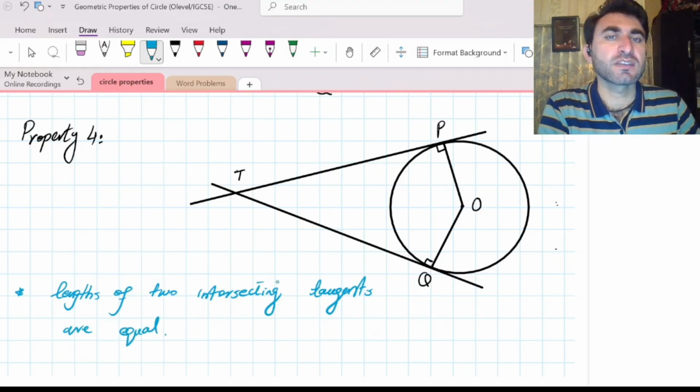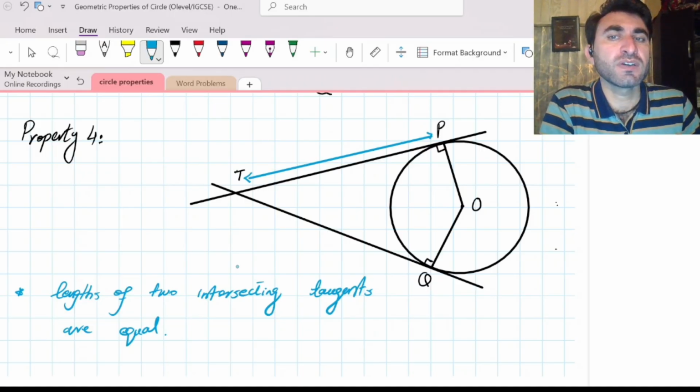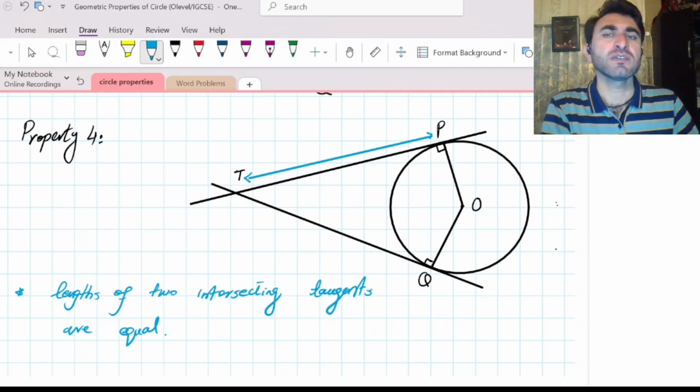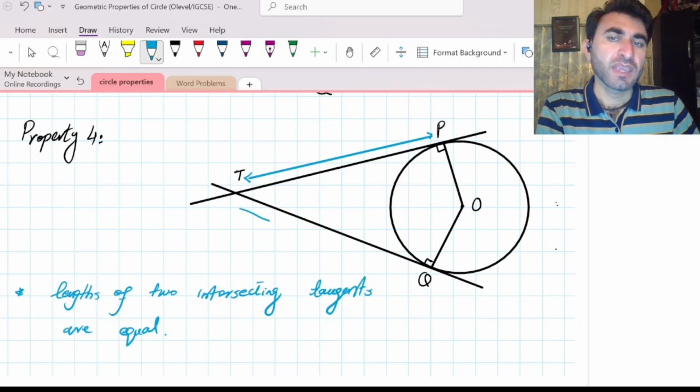And what is the length of a tangent? Basically, it is the distance between the point of tangency and the point of intersection. That is what we call the length of a tangent, and the lengths of two intersecting tangents are equal, which means that TP and TQ are equal in length.